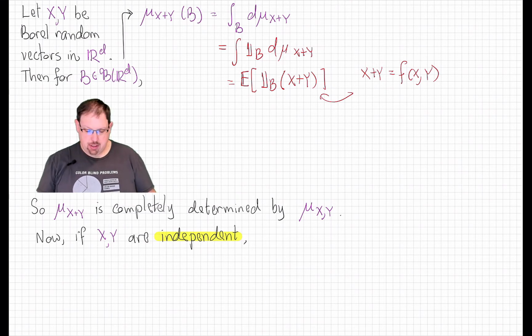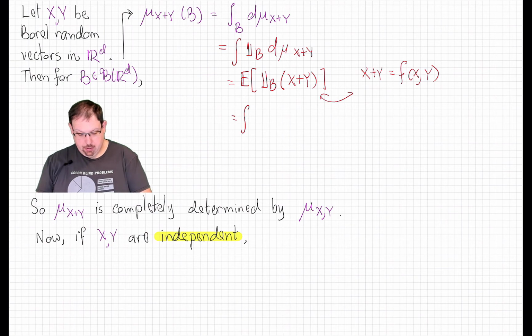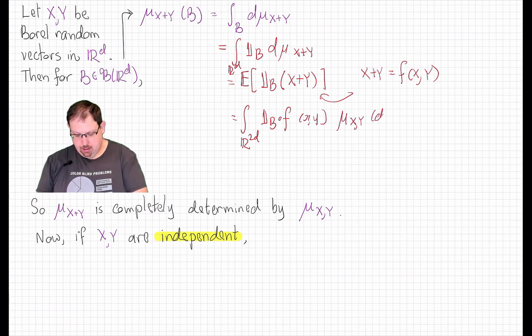And so we're going to use the change of variables theorem again, this time for the random vector (X, Y), to write this as the integral now over R^{2d} instead of R^d of the indicator function of B composed with F at (x, y), integrated against the joint law of X and Y.